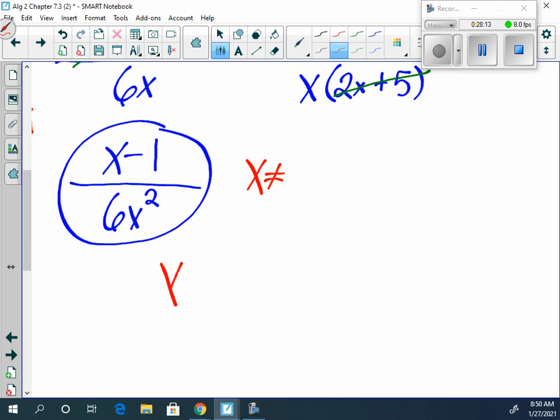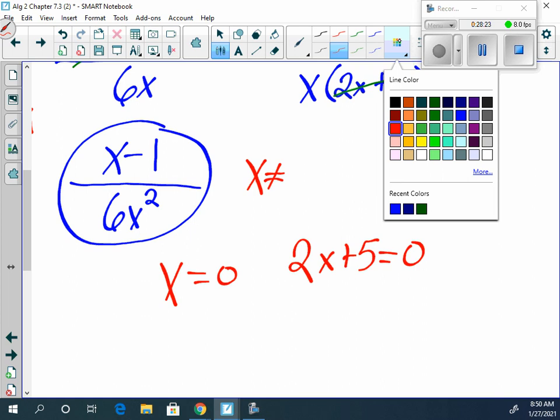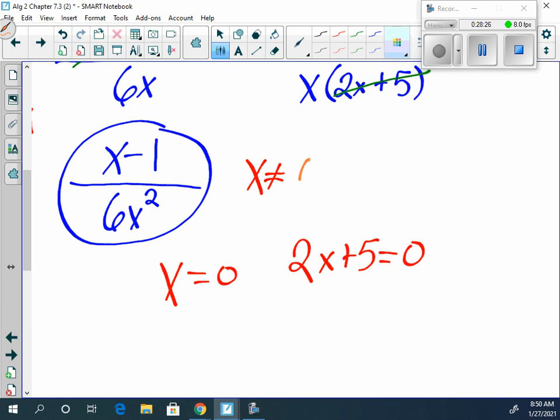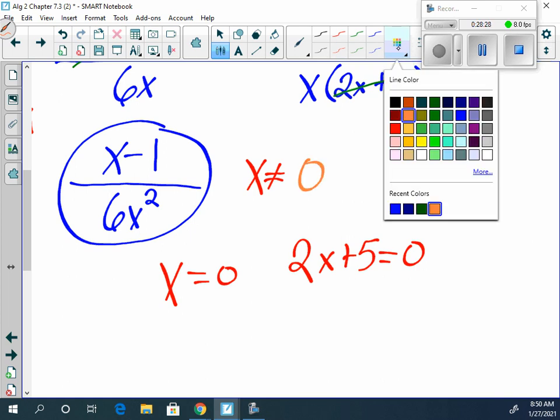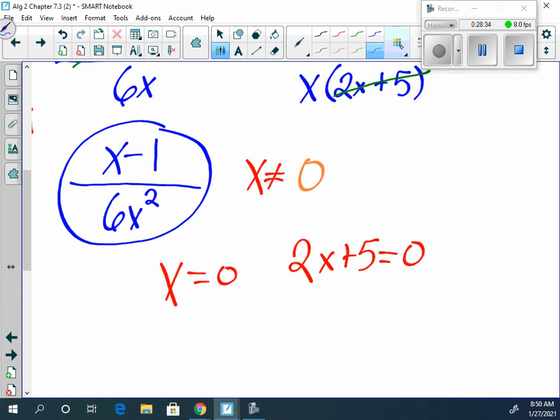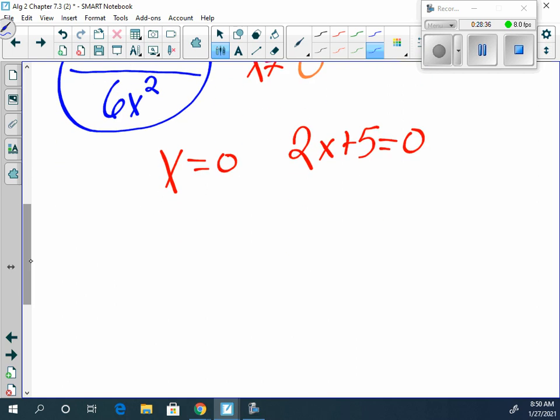Now, I would look at x being 0, or x squared. But we also have our 2x plus 5. We need to see where that is equal to 0. Right, it would be negative 5 over 2.